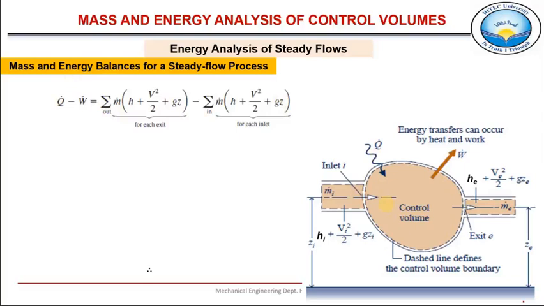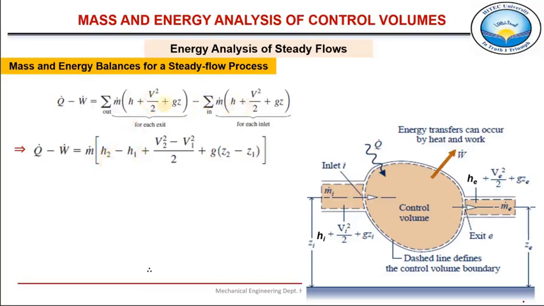Right? So here now we can write it in this form, because the total amount of mass flow which is entering will be equal to the total amount of mass flow which is leaving for a steady flow system. So this m dot at outlet is equal to m dot at inlet. So we can write this equation in this form. So here you have written h2 or h out minus h i, or it is written as h2 minus h1.